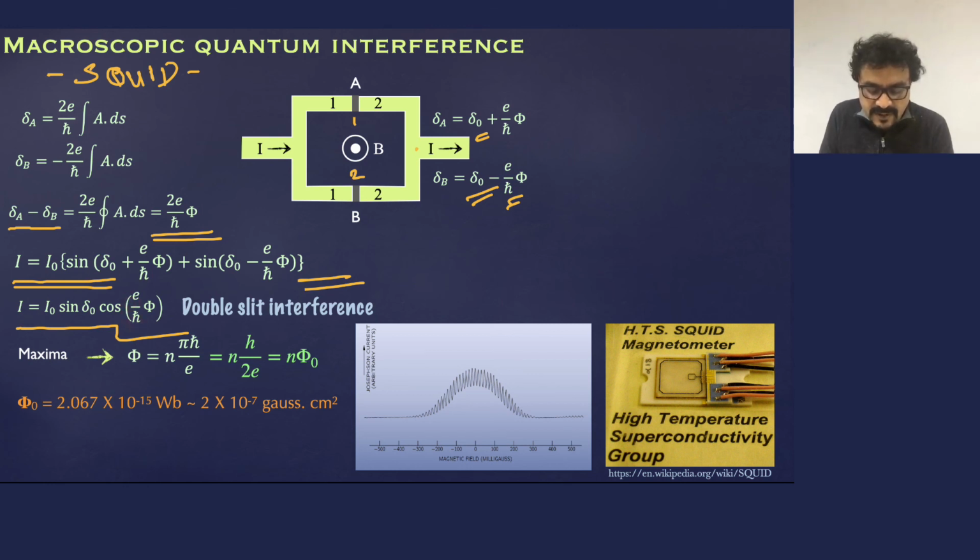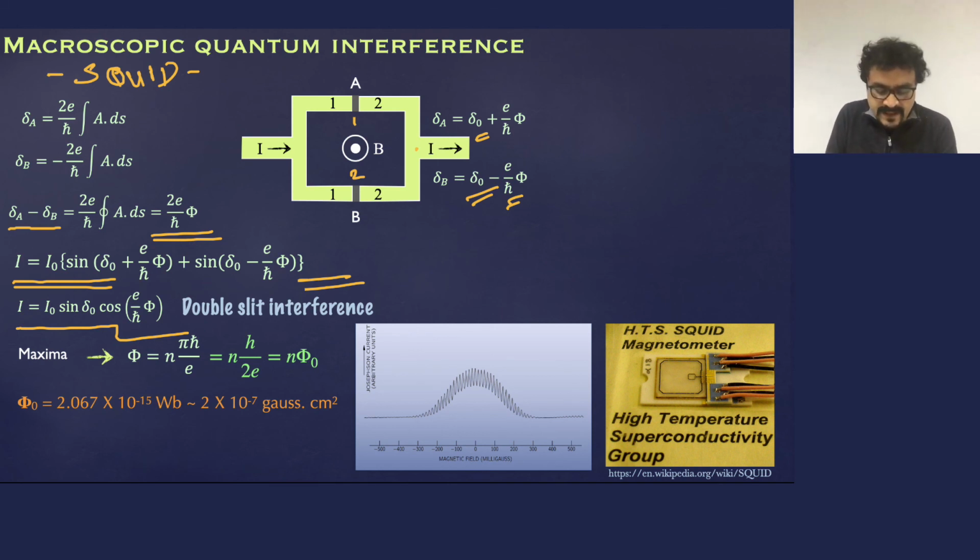The periodicity of this fast oscillation is given by h by 2e. H by 2e is the magnetic flux quantum, phi 0. That means whenever the flux through this ring changes by phi 0, that is h by 2e, you get a full oscillation of the current.